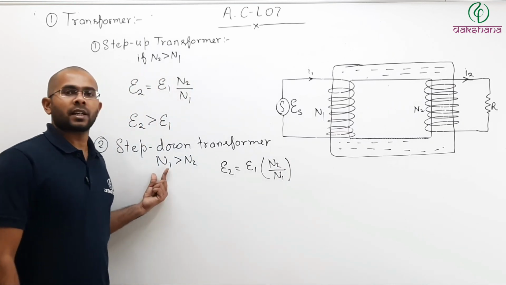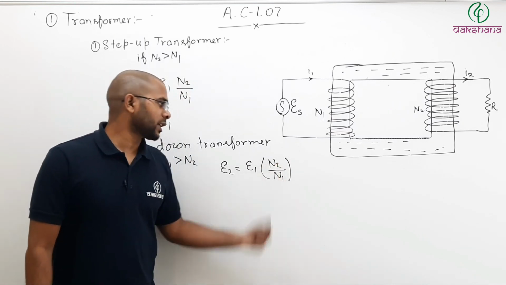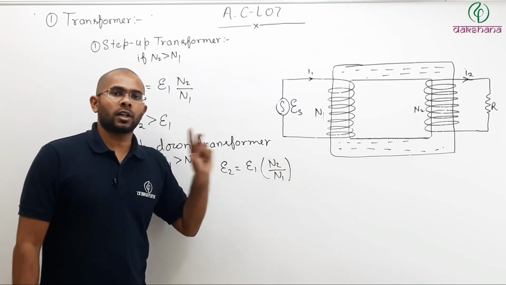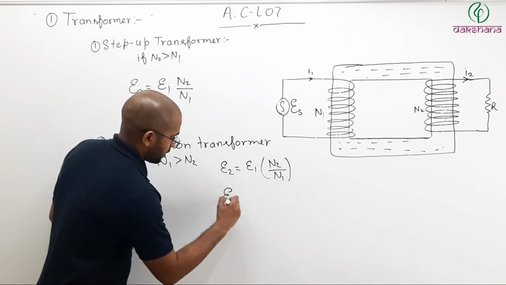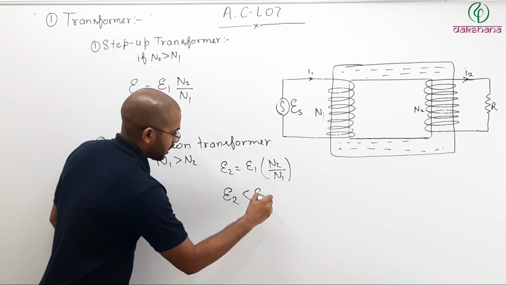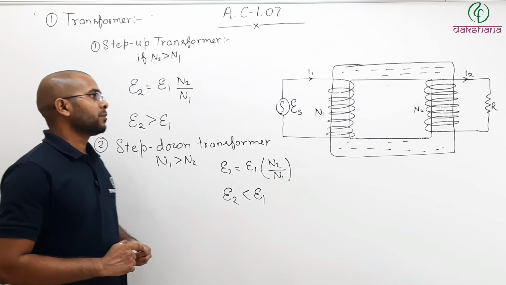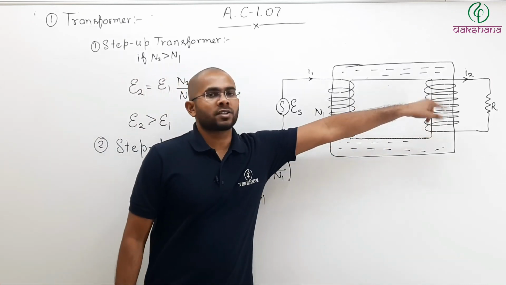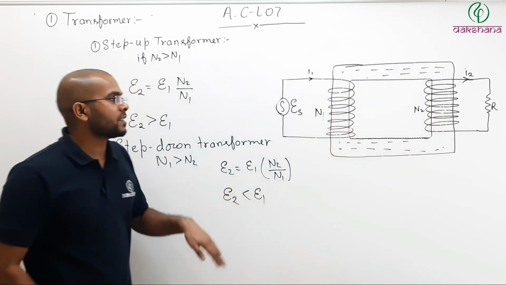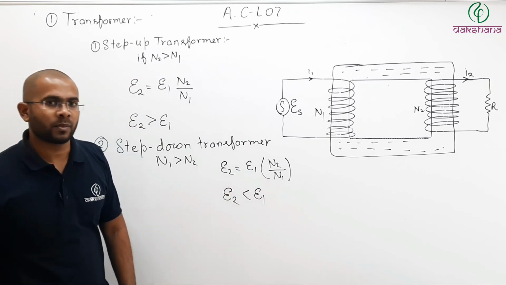So here N1 is greater, the denominator is greater, the numerator is small. This value is smaller than 1. So here E2 will be less than E1. So this is your step down transformer. Why? Because the EMF induced across the secondary coil is less than the EMF supplied across the primary coil.